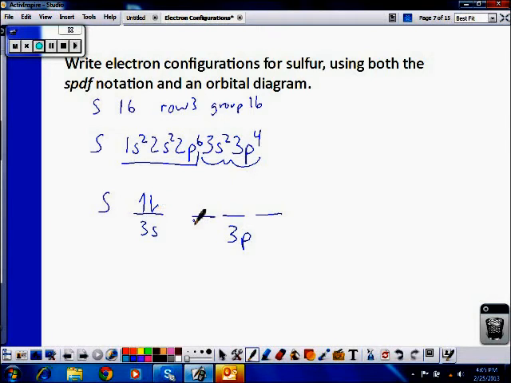When I go to fill the 3p, there are 4 electrons that go here. There are 3 orbitals, which means I have 2 electrons paired up and then 2 lone electrons. Hund's rule: these 2 are not going to pair up and leave an empty orbital. They're going to separate out. Since they are unpaired, they're going to point in the same direction. So that would be the electron configuration and orbital box diagram for sulfur.